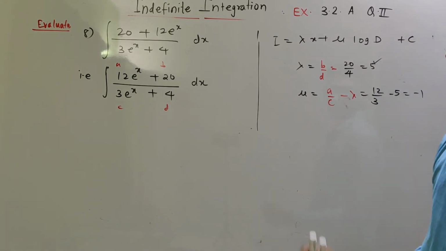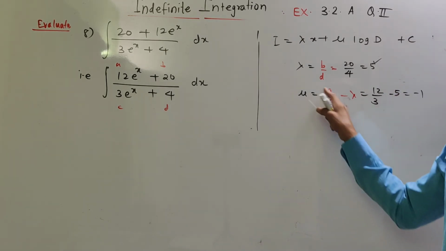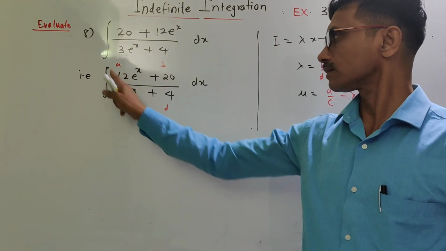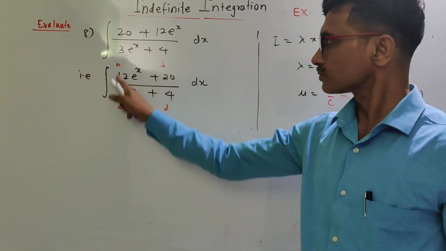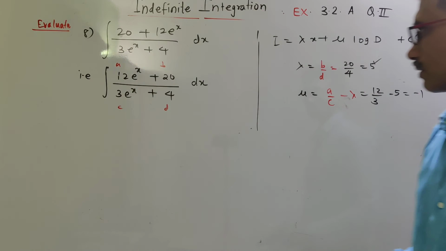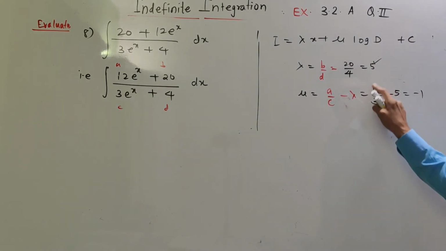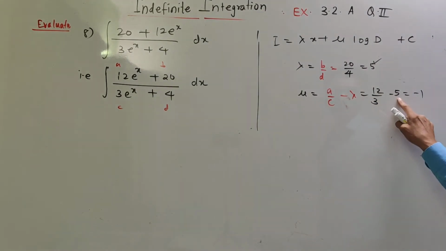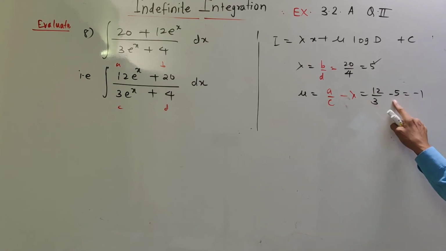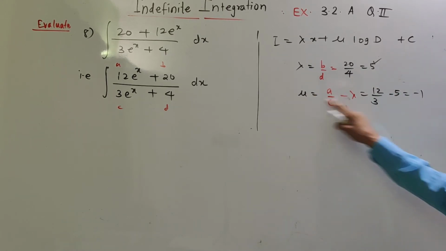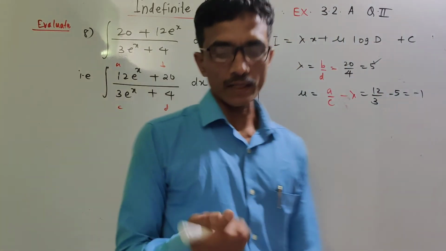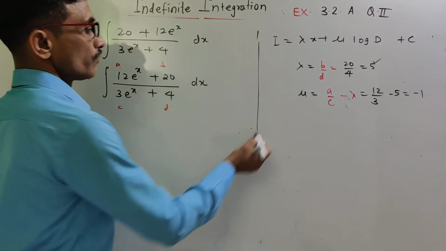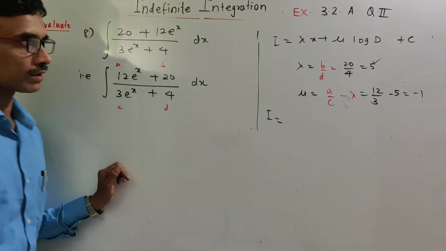Then mu is a upon c. This is your a, 12, and c is 3, so 12 upon 3 gives us 4, minus lambda, that is 4 minus 5, which is minus 1. So mu is equal to minus 1.